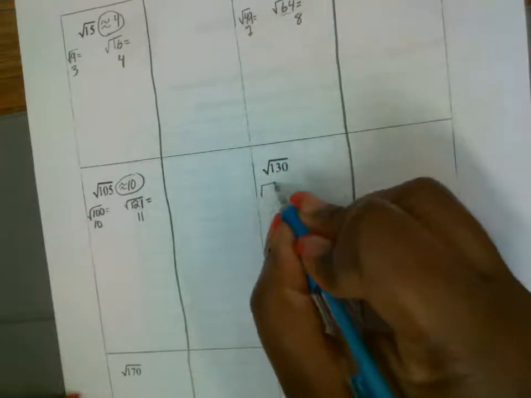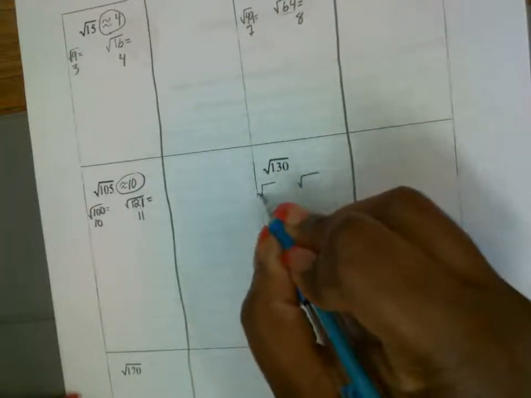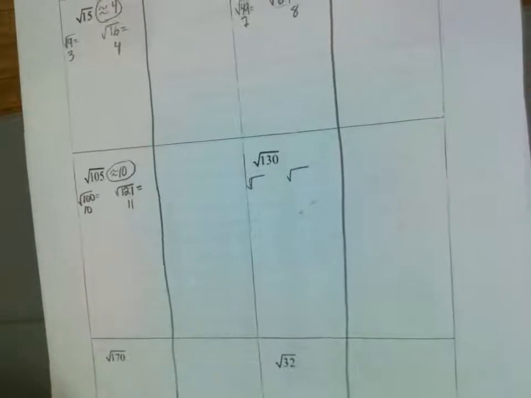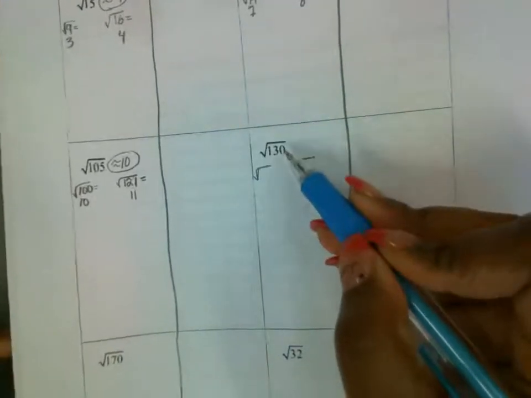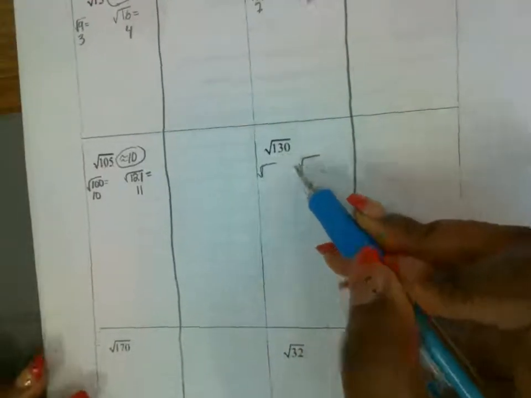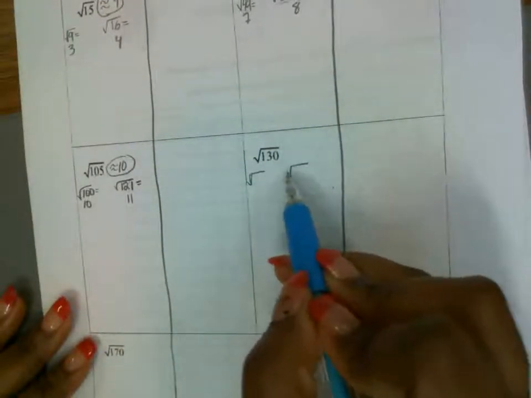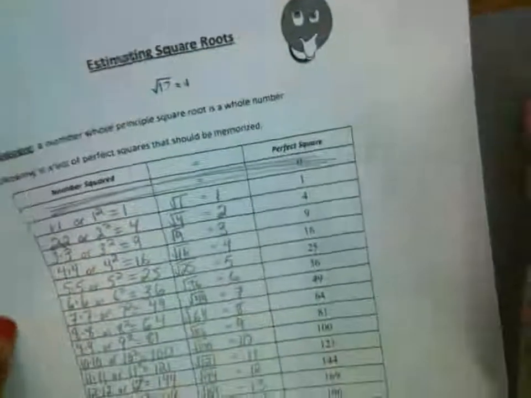What two perfect squares is 130 in between? Okay, what two perfect squares is 130 in between? Anybody? Let's look. Look at your perfect squares.